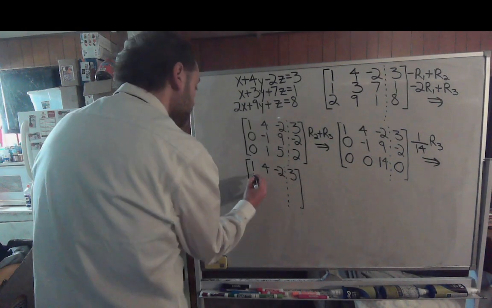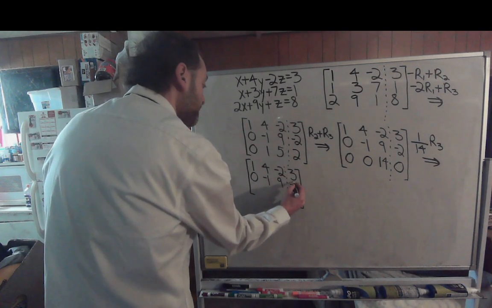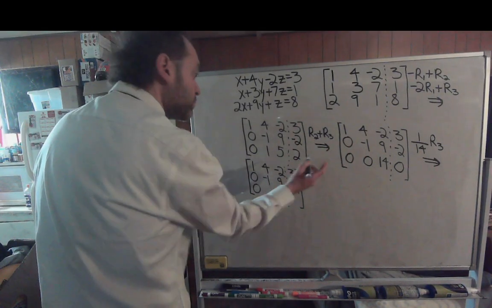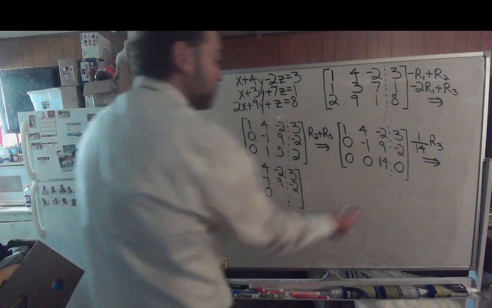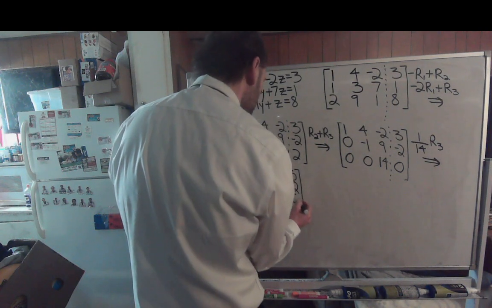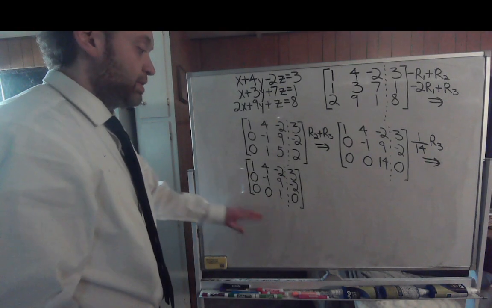We're even leaving row 2 alone for the time being. Now, let's see, 1/14 of 0 is 0, 1/14 of 0 is 0, 1/14 of 14 is 1, and then 1/14 of 0 is 0. Now we've reduced row 3 exactly to how we need it.